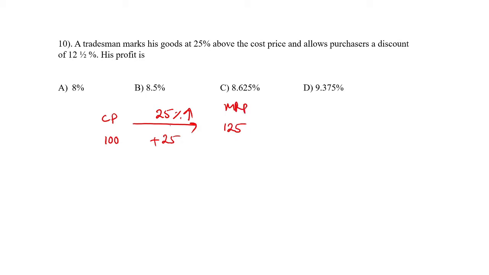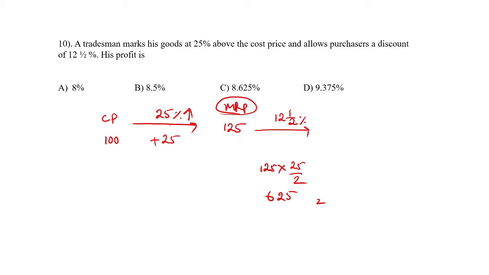Then he allows purchasers a discount of 12.5 percent. Discount is how much? 12.5 percent. Always calculate discount on the marked price only. Now 125 into 12 1 by 2, means here 25 by 2. Calculate: 5 fives are 25, 2 carry forward, 10 and 2 is 12, 5 6.